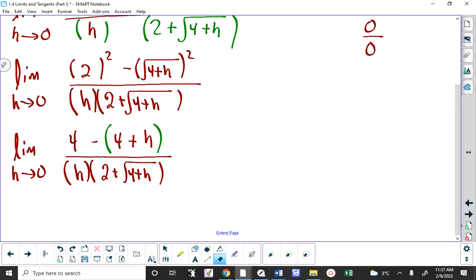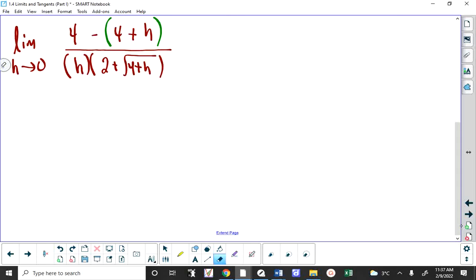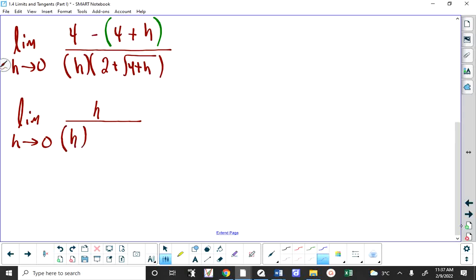The next step would be to simplify this even further, and this is the limit as h approaches 0 of, well, 4 minus 4 is nothing, and you're left with an h, and then as well as h in the numerator, we have a factor of h in the denominator, and 2 plus root 4 plus h. Now, even if you wrote that set of brackets, some of you ended up putting h here, and that's wrong.